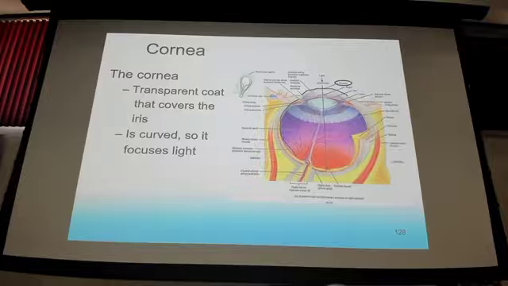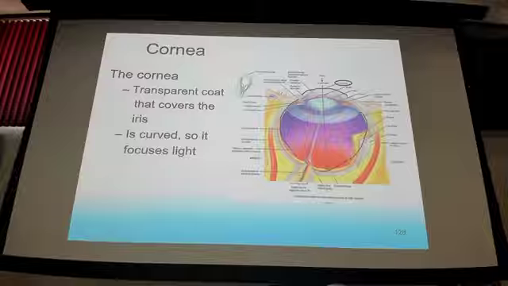The cornea is important because it is a major refractive medium for vision. Your cornea is what determines a lot of your visual axis because it can refract light. The sclera is just that white part we see on our eyes that helps give the eyeball its shape.